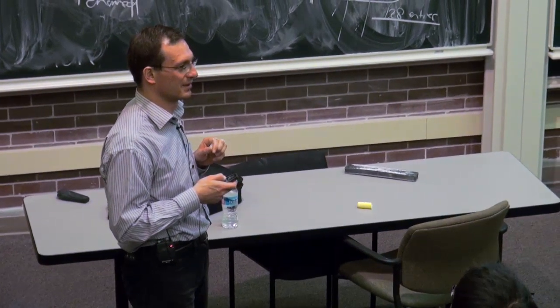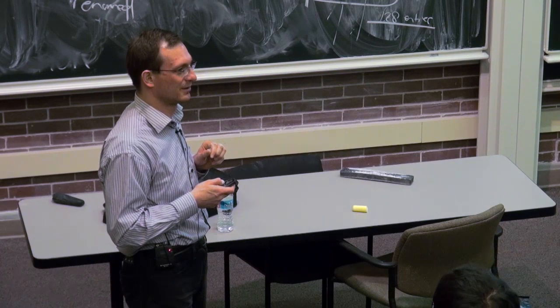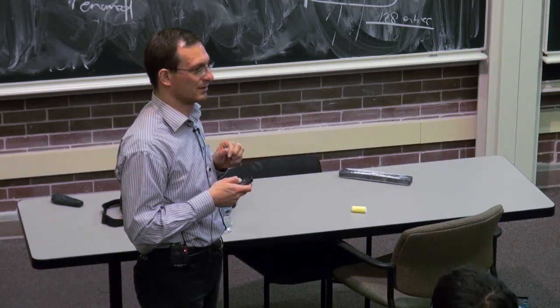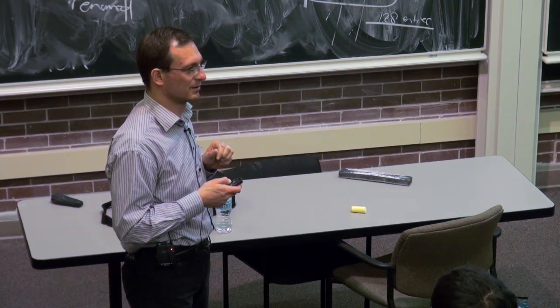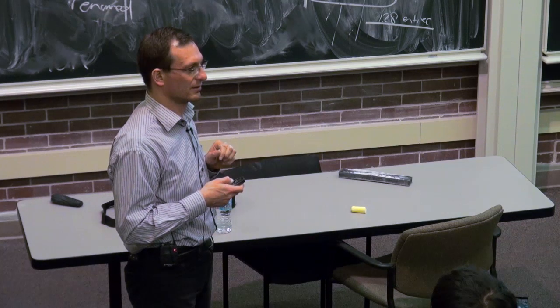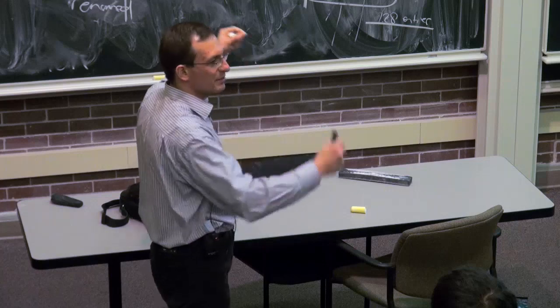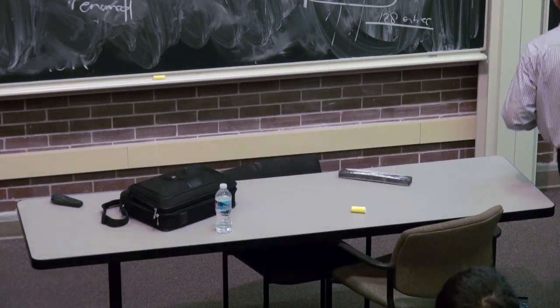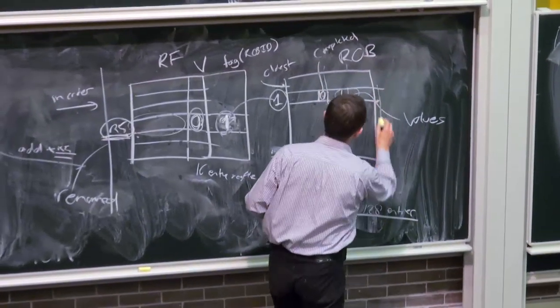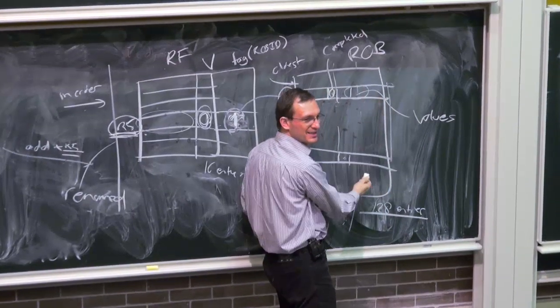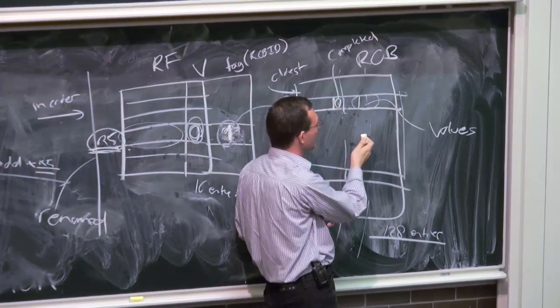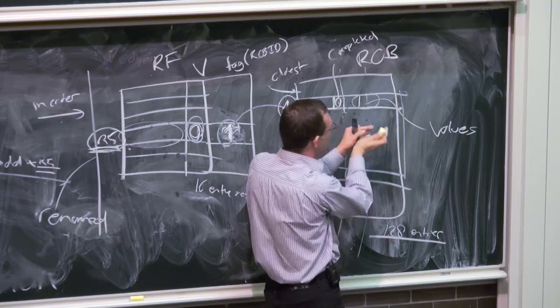Suppose you have a long chain of dependency later on, and you wouldn't need any of the previous instructions because they're already used, and so you need to retire all of them. I see. So they're already done, basically. You're thinking of a case where you have a long latency load here and a bunch of instructions that are already done because they were independent, but they're waiting to be retired. So you want to somehow collapse them.